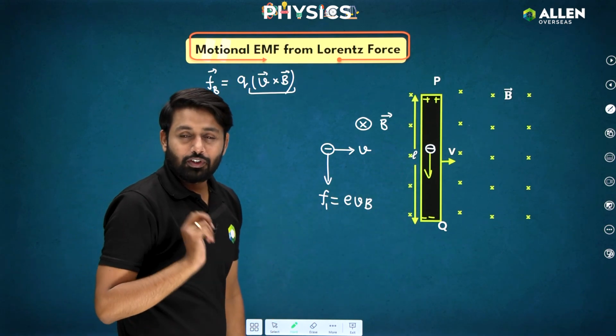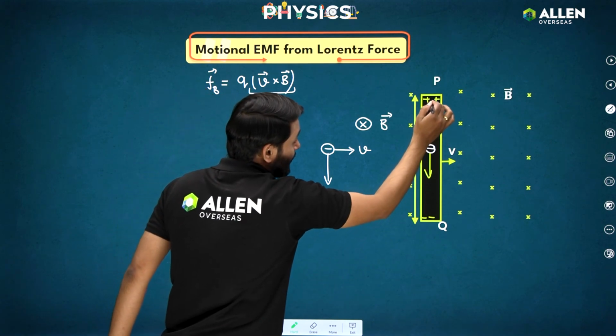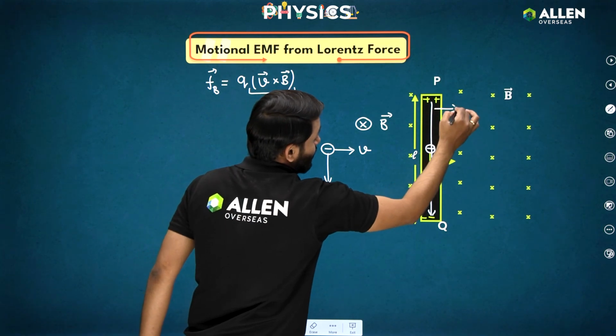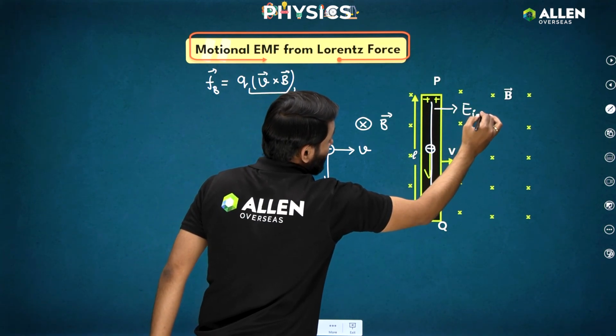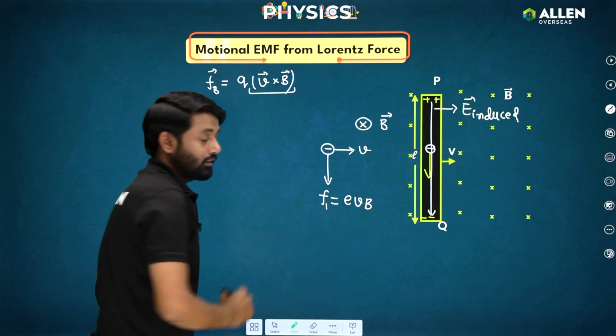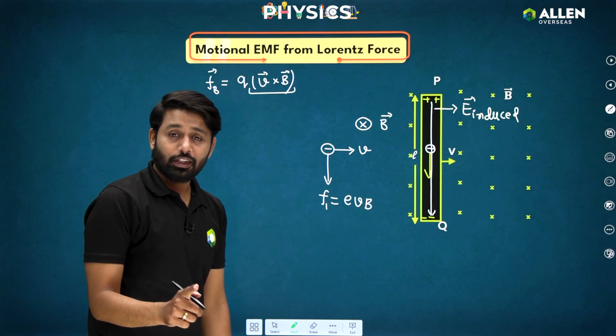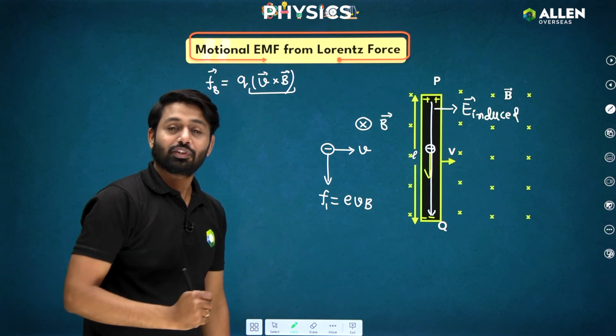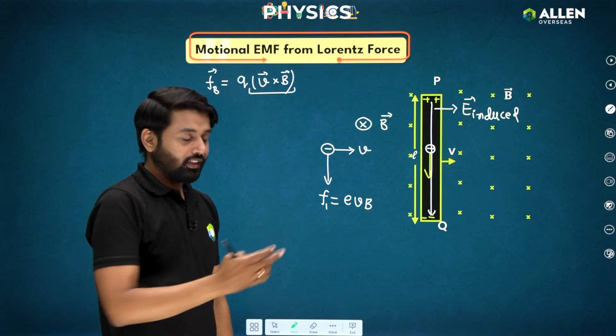You can say, sir, charges are inducing, then an electric field will also be induced in this direction. This electric field is your induced electric field and the direction is like this. Because there is an electric field, this charge must experience one more force. Yes, it will.